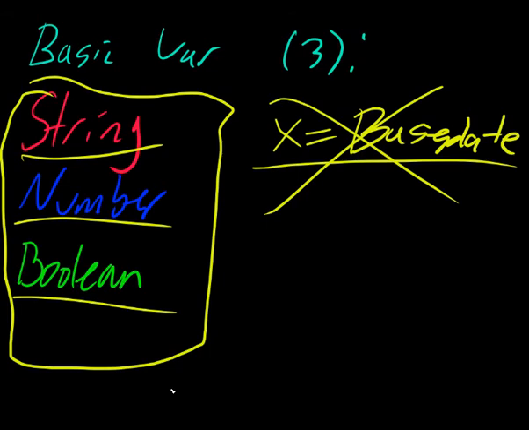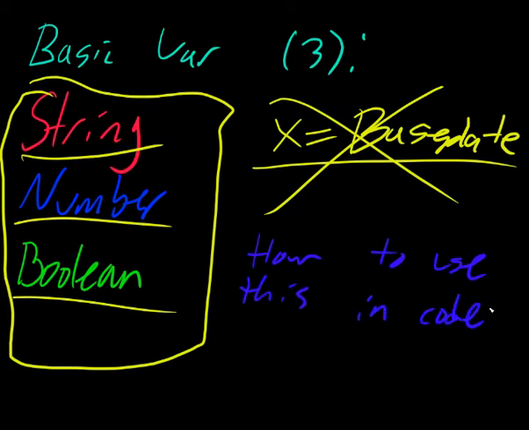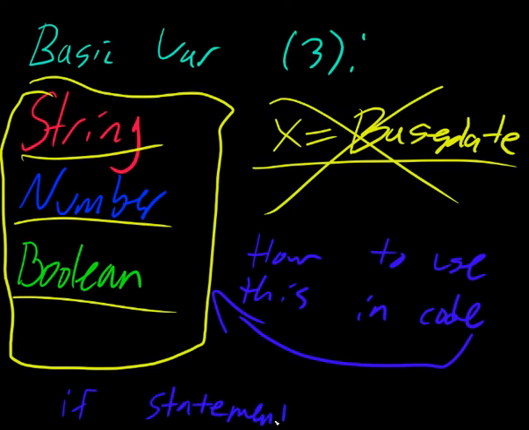And next episode we will be covering how to use this in code. And once we learn how to use this in code, we will start learning if statements plus other things until we cover the x can be equal to base plate thing.